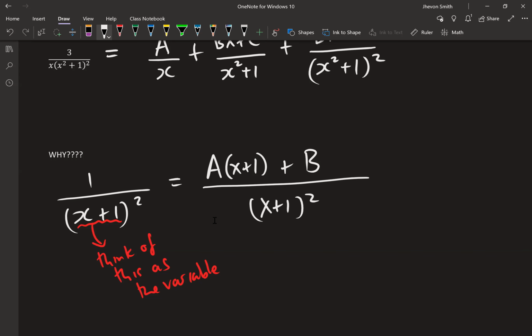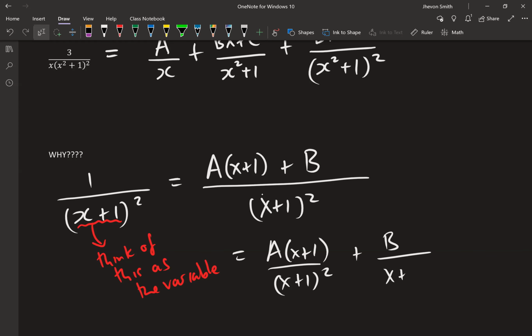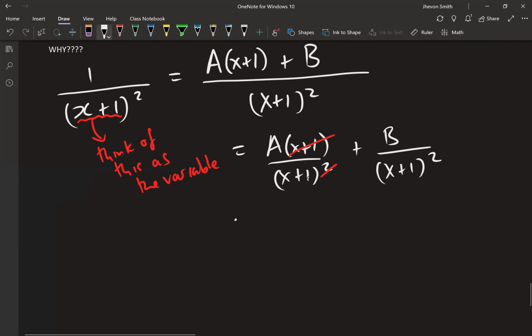And so if you put a linear one on top, what you'll realize is that this now breaks down into a(x plus 1) over (x plus 1) squared plus b over (x plus 1) squared. In this situation, the x plus 1 cancels that. And so you will have here a over x plus 1 plus b over (x plus 1) squared.